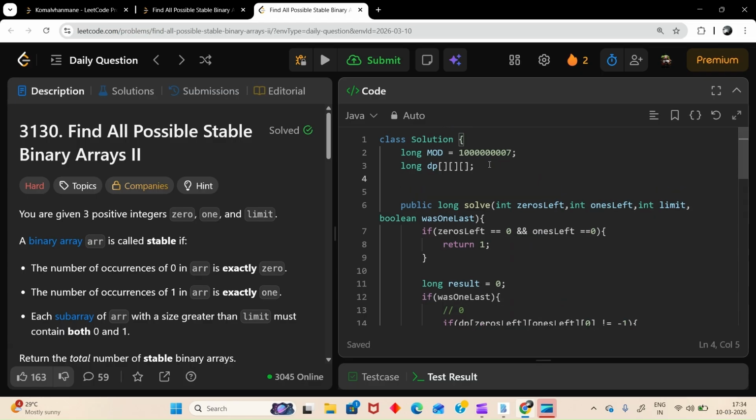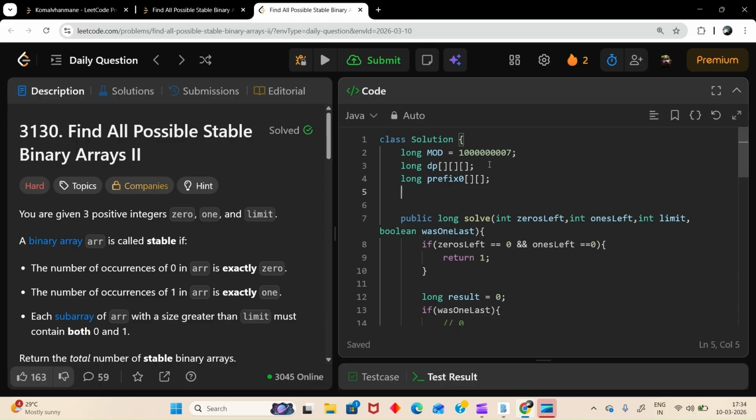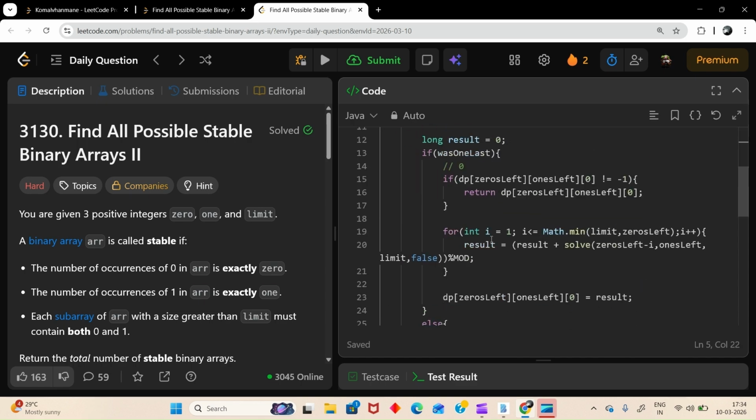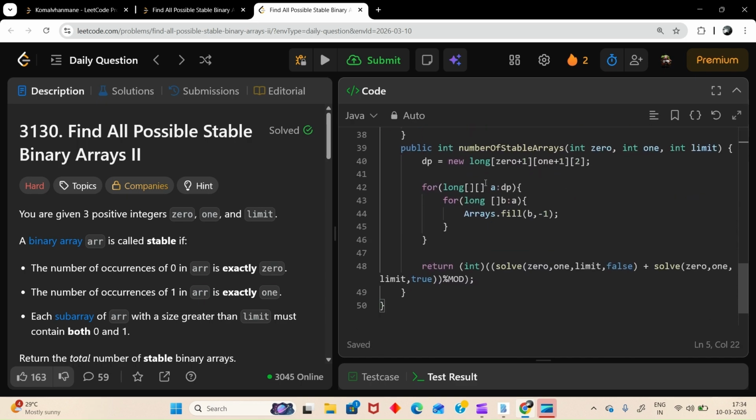Now here I'll use prefix of 0, long prefix of 1. So this is one of the approaches. There are different approaches.